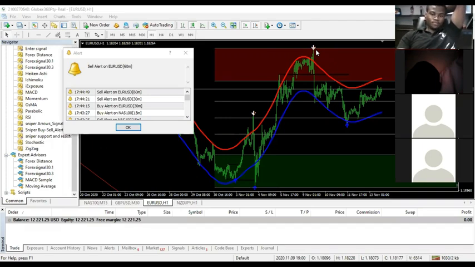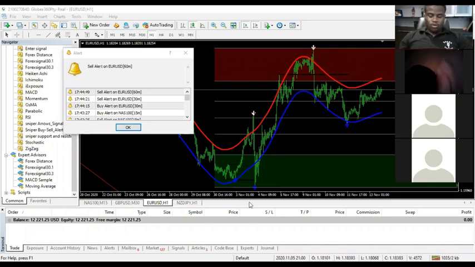Yes, they can. The arrows can move up if the market keeps on moving. But the only time the arrows will do that is if the arrow popped up here in the middle. Right here. Or right here. That's where the possibility of them moving is going to pop up.